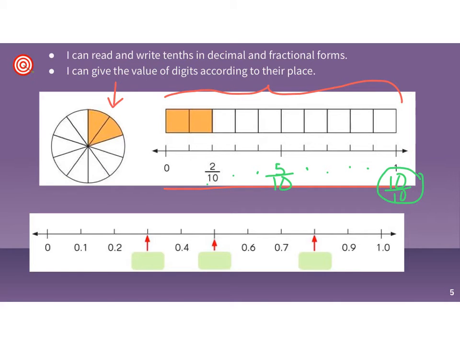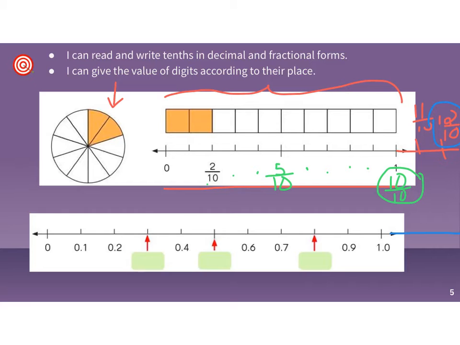If this number line were to continue, technically here I would have 11/10, 12/10 if I'm thinking tenths. And we learned about these the other day as being improper fractions, where the numerator is larger than the denominator. What would that look like as decimals then?